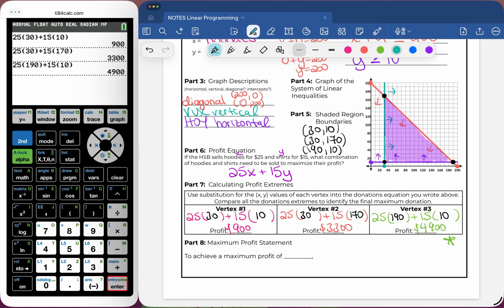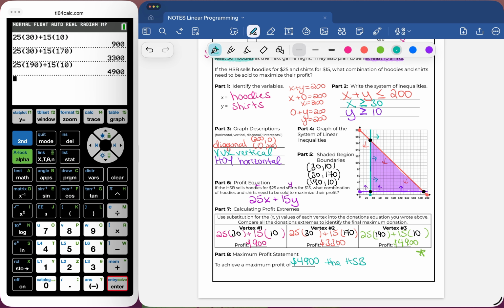To maximize a profit of, so the most money that we could possibly make, $4,900, the HSB, the Hanes Sports Booster, would need to sell, and then you're going to say how much was actually chosen. So that one used the (190, 10). So that would be 190 hoodies and 10 shirts.